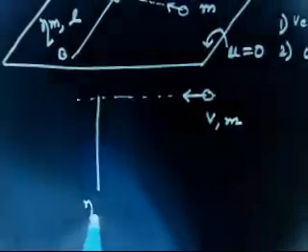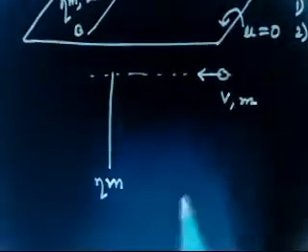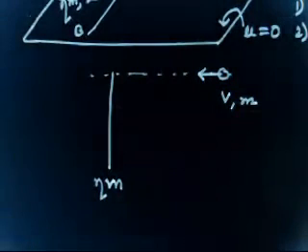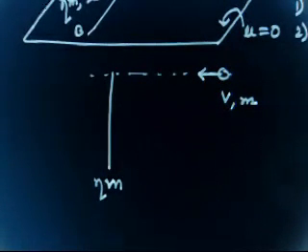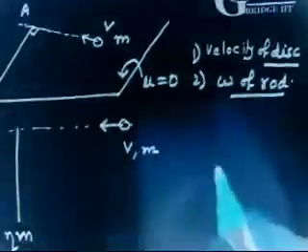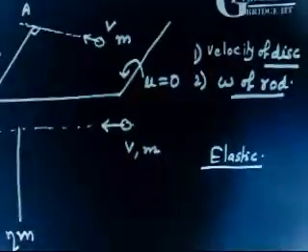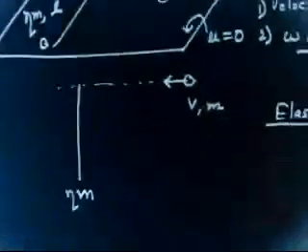The mass of this is eta times m. Are you getting? This is coming with velocity v. This is kept on a horizontal plane, and the collision is given elastic. So we have an elastic collision. So we'll also write one equation using elastic collision.